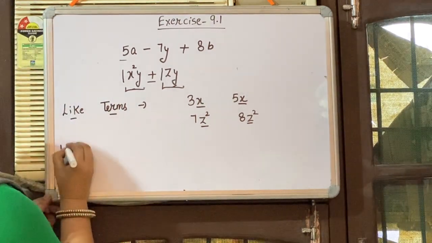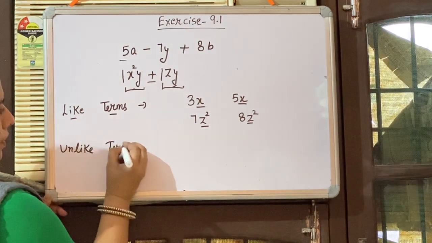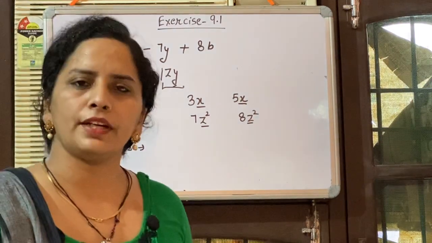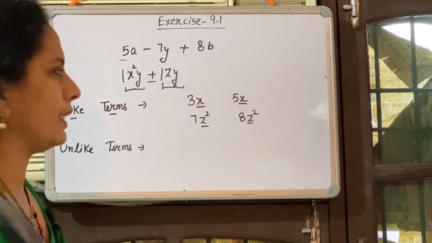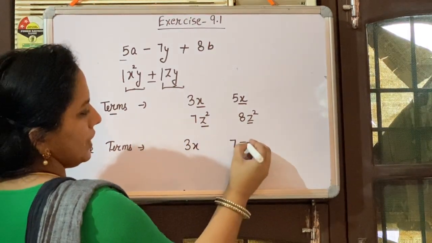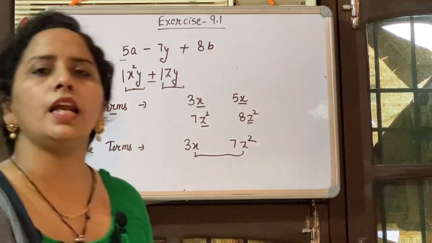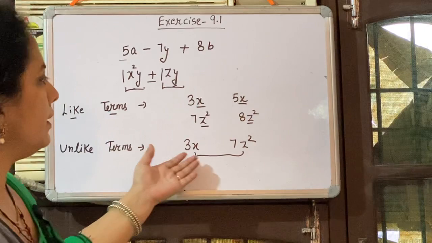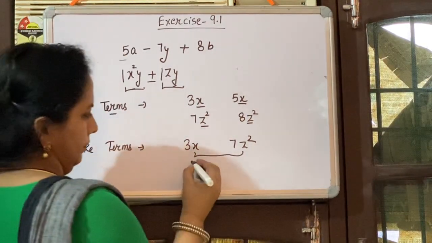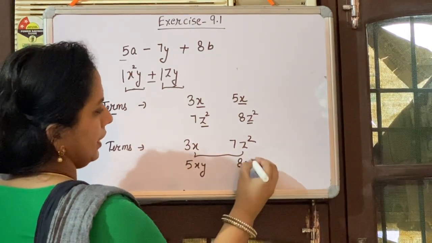Similarly, unlike terms. When variables are different, then these terms are called unlike terms. 3x, 7z square. If we compare these two terms, they are unlike terms because we can see that variables are different. 5xy, 8x square.